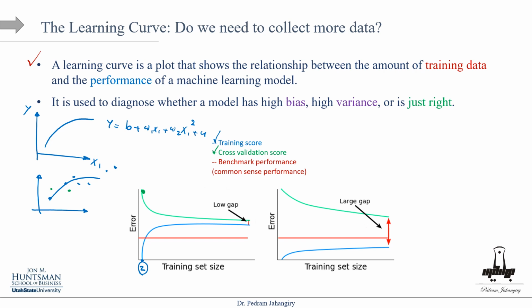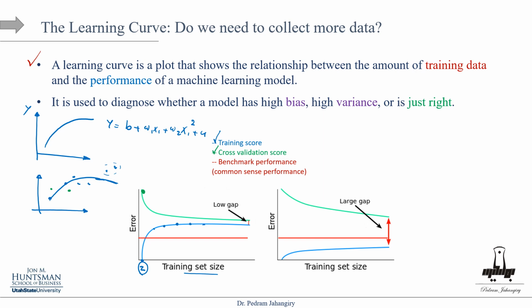I want you to focus on the blue ones here only. Let me erase this one. The model needs to focus on more information and maybe it's not necessarily doing a good job for these observations, right? So the error is going to increase. Your measure of performance in terms of error is going to increase as the train set size increases because it's going to have a harder time to fit the model.